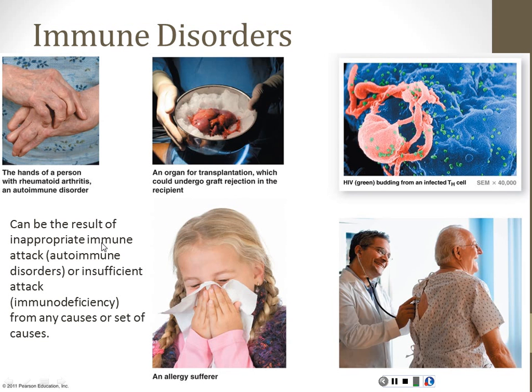All right, so here's an example of an autoimmune disease. Rheumatoid arthritis. You probably know people that have this. If you look at the elderly and you look at their hands, a lot of elderly people will have hands that have changed from young hands to old hands. But if you see hands that are deformed like that, that's rheumatoid arthritis.